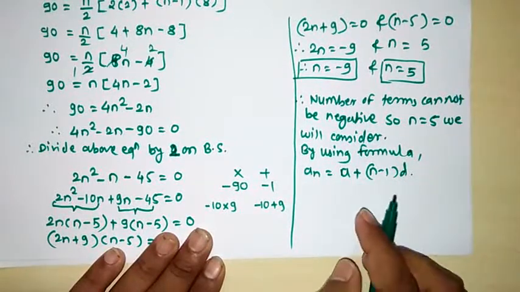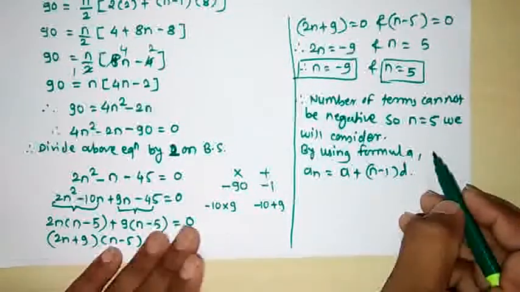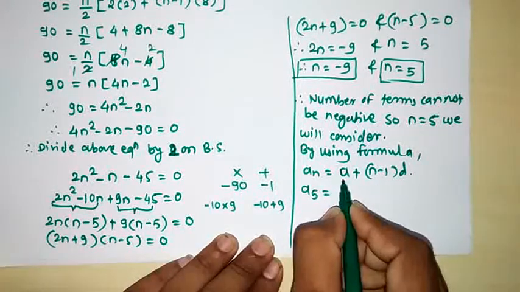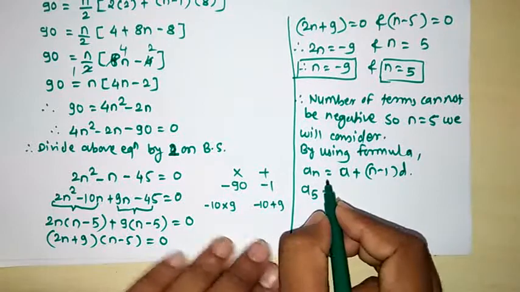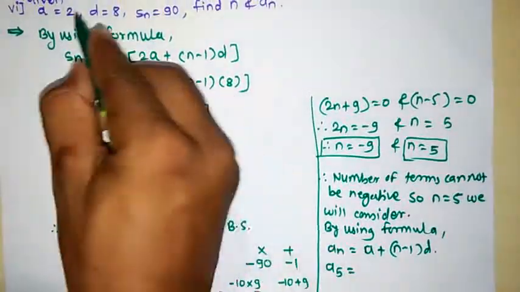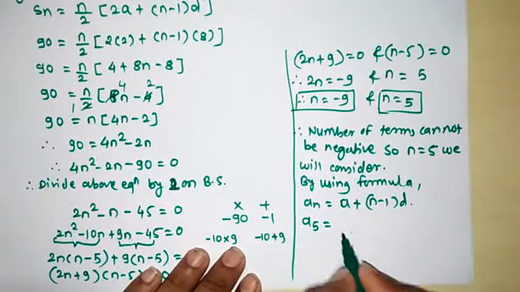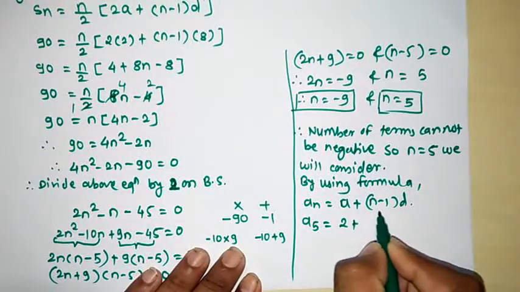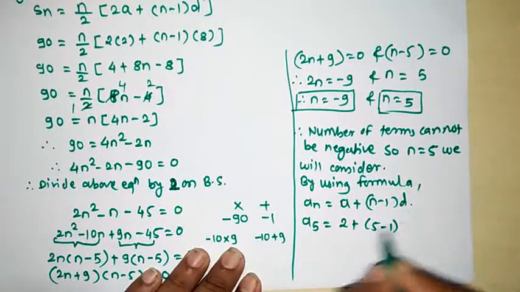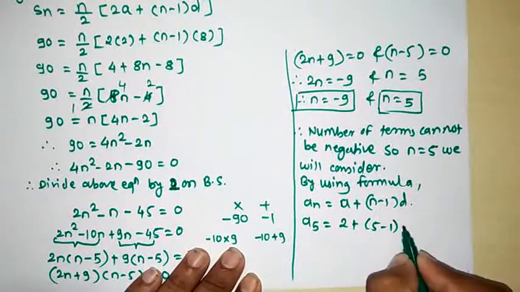Now what we got n here? N is 5. Therefore a5 is equal to, what is the first term? A we have already given that a is 2. See here, a is given 2. Therefore put here a is equal to 2 plus n 5 minus 1 into d. What is the d? D is given as 8.